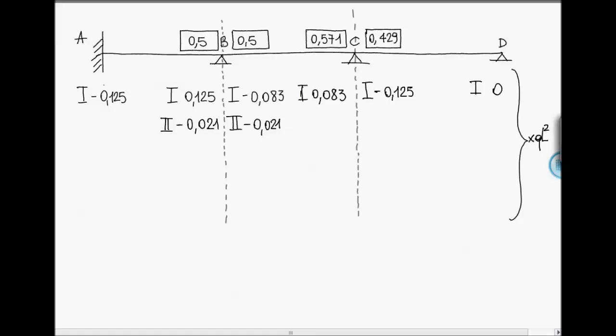Now we have to consider the carryover factors in order to write the third bending moments, which are 1/2 of the second. They have the same sign, so we have on node A minus 0.011. And the same thing for the third moment on node C, minus 0.011.